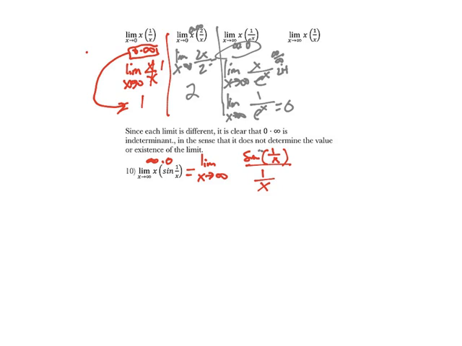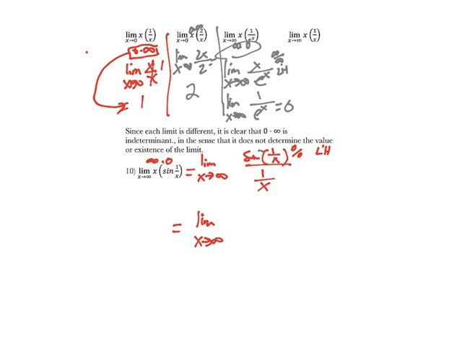Why is that helpful? Well, because now when I plug in infinity, the sine of 1 over infinity is 0, the sine of 0 is 0, 1 over infinity is 0. So now I can use L'Hopital's rule to evaluate this problem. So that would be the limit as x approaches infinity.